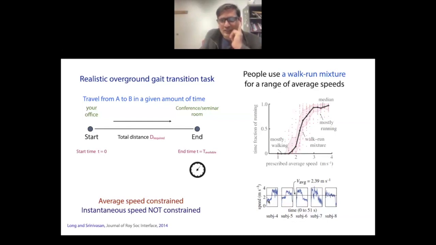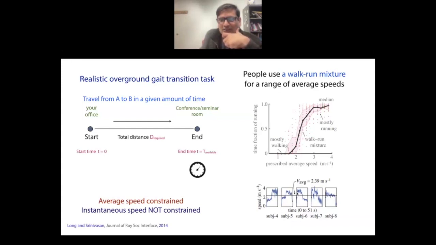Here's, for instance, a particular vertical slice, average speed of about 2.39. I think it's this vertical slice. These are measured speeds, measured using GPS in this case, outdoors, where this person in this trial is walking for a while at low speed, and then running for a while. This subject is walking for a while, running for a while.